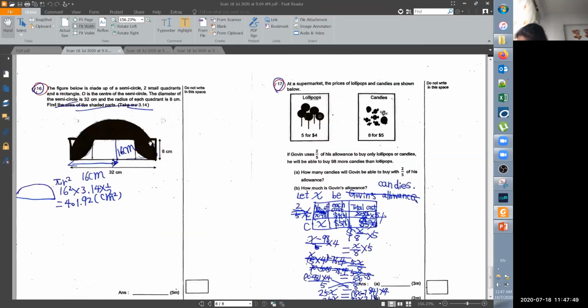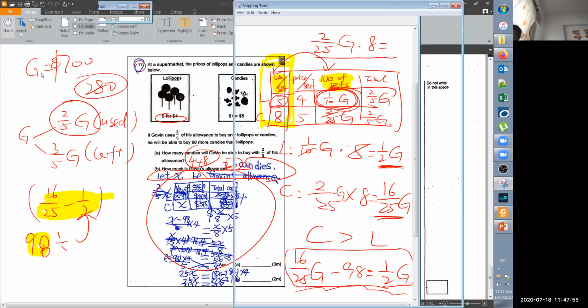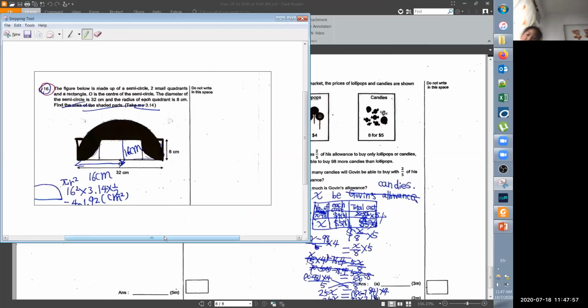Is this question hard to understand or can't see? Can't understand. This question should be quite simple. The figure below is made up of semicircles. The question asks, find the area of the shaded part. This is simple. If you take this out, what do you have?